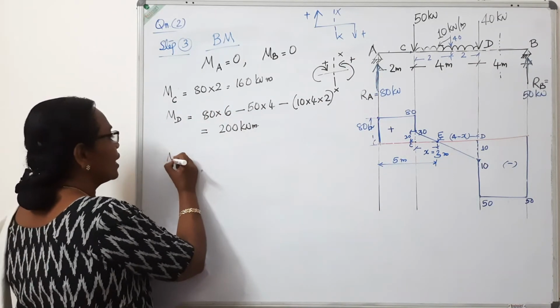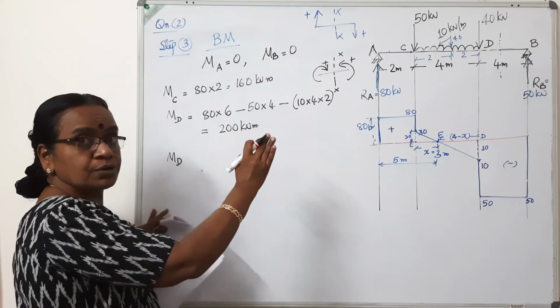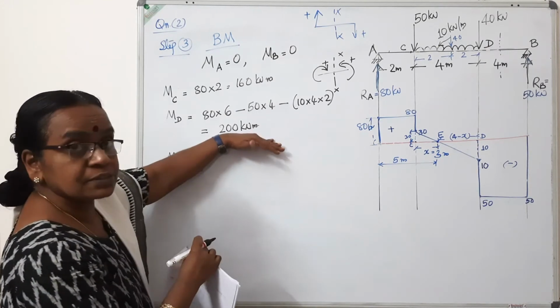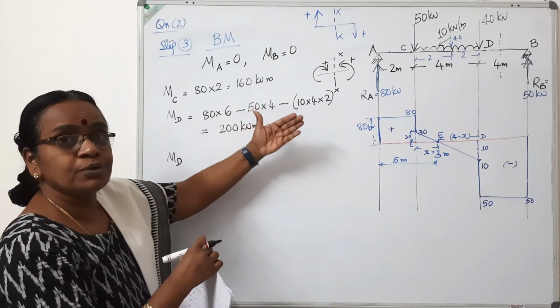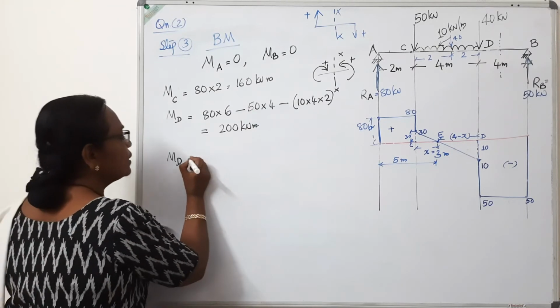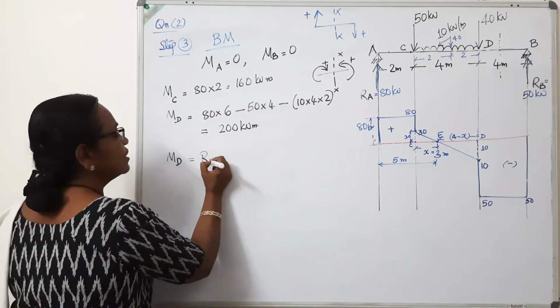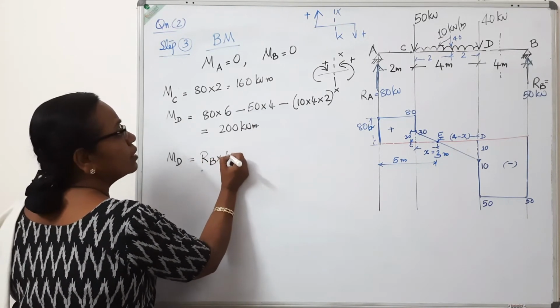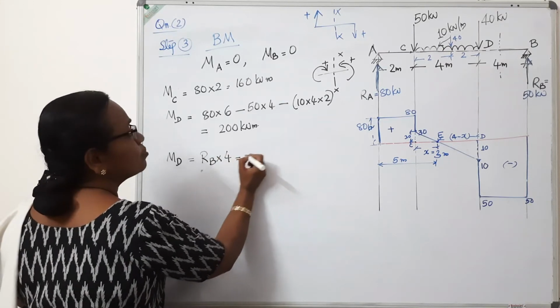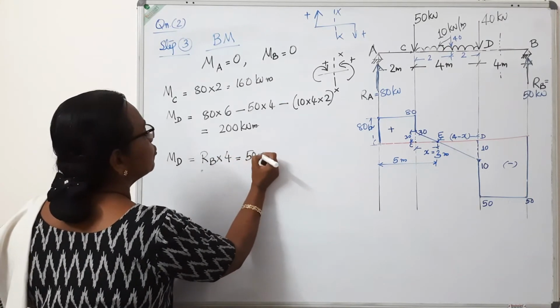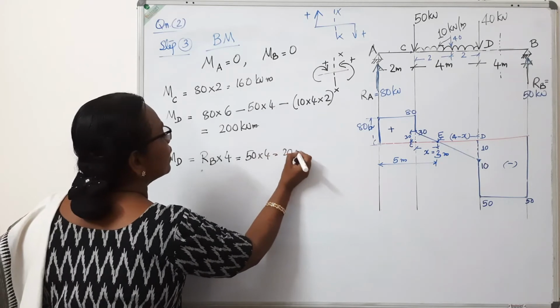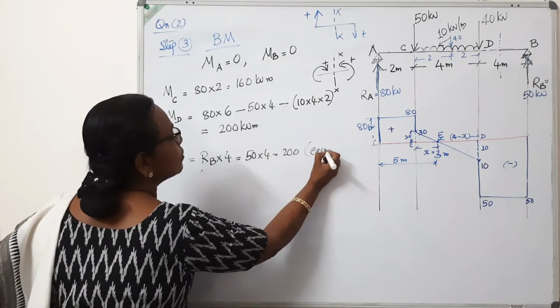If you can understand, you use it, otherwise we can stop at this stage. Those who can follow this, you follow this. MD can also be written as RB into 4, that is also equal to 50 into 4, 200. This is the easy way.